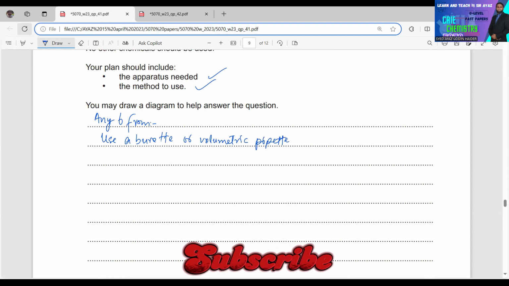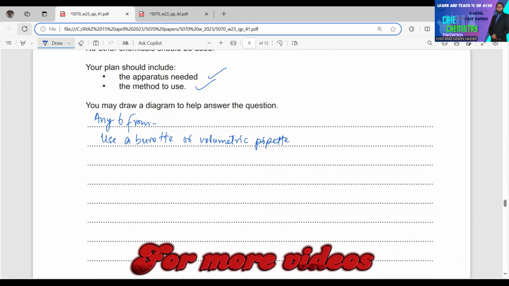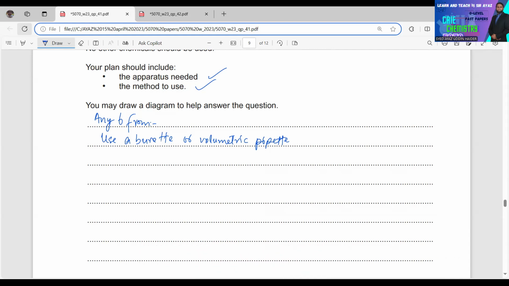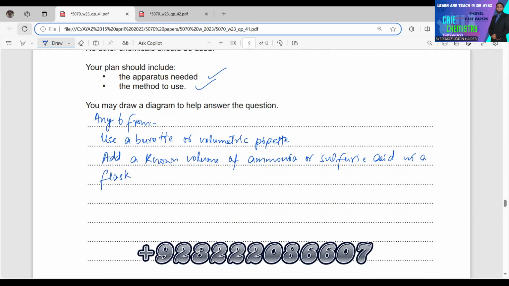Then add a known volume of ammonia or sulfuric acid in a flask with indicator.